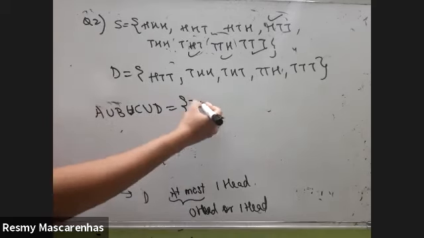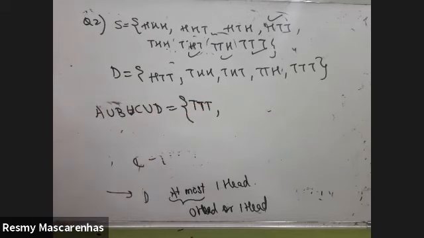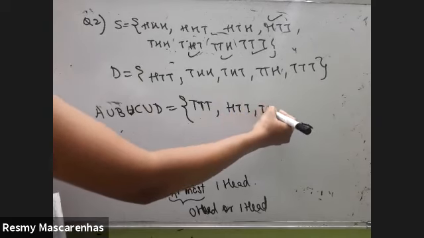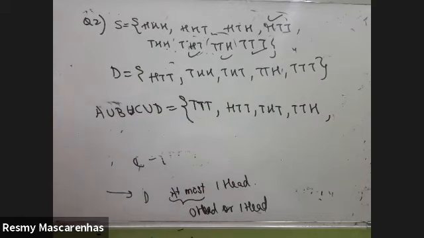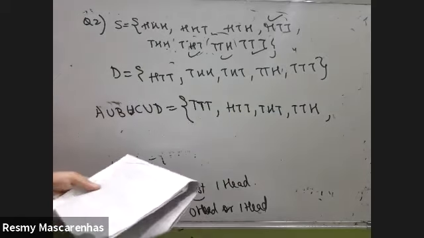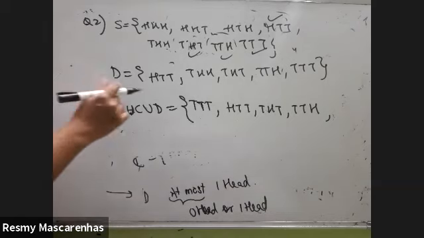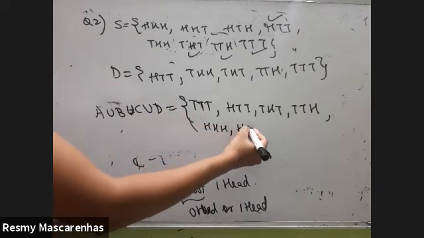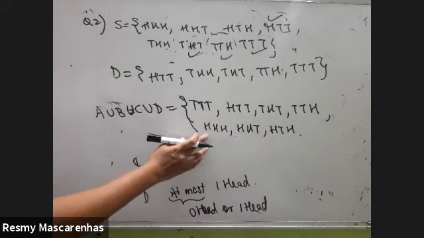So this is A. Then combine B. Then combine C. What was C? C was at least 2 heads should appear. If the same thing is repeated, don't write it again.